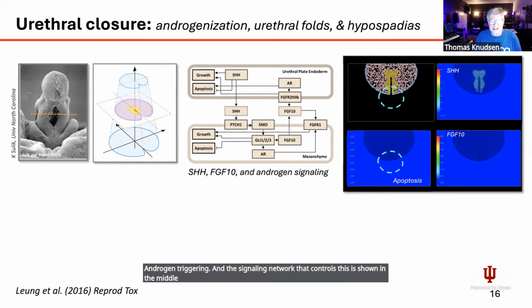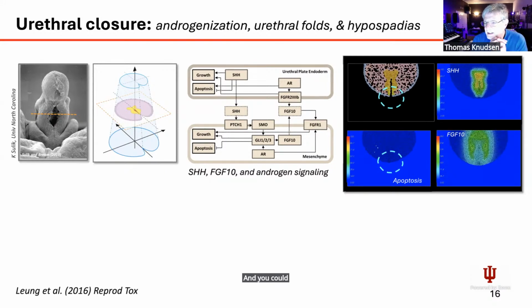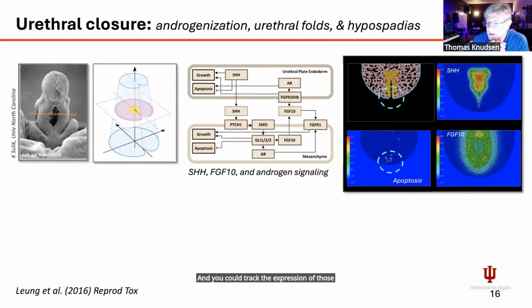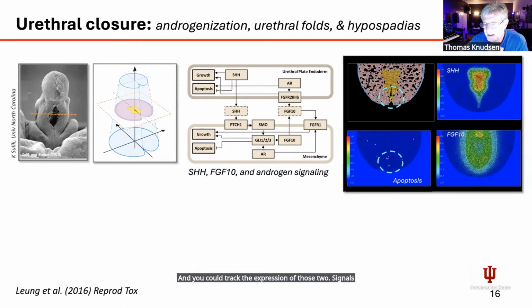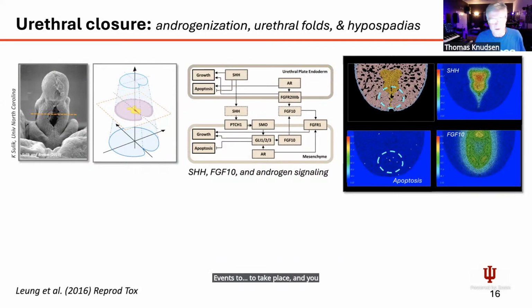It's both sonic hedgehog and FGF signaling, as well as androgen dependent. So the model is shown up in the right, and you could track the expression of those two signals. And what they do is they cause some programmed cell death to occur that allows those fusion events to take place, and you get a closed urethra.